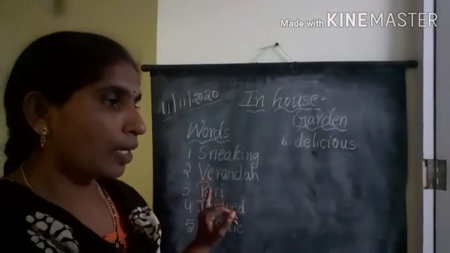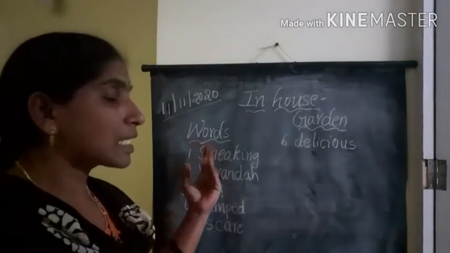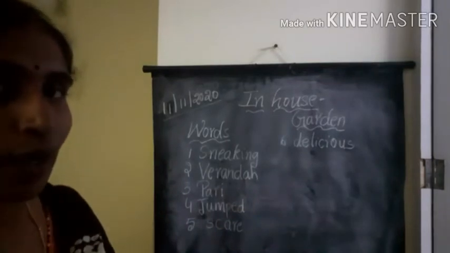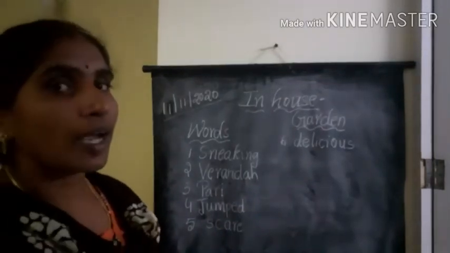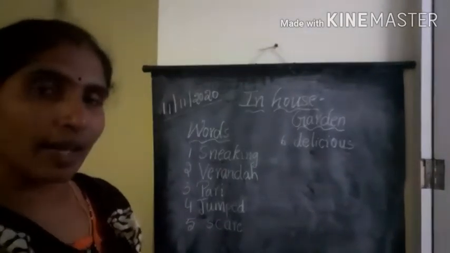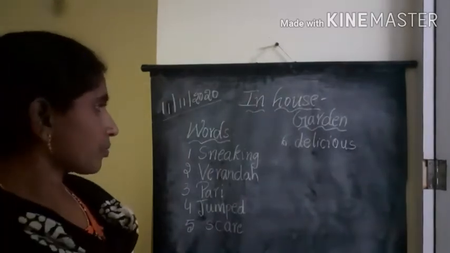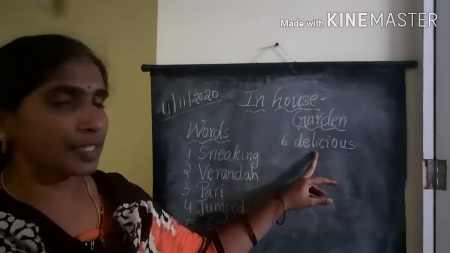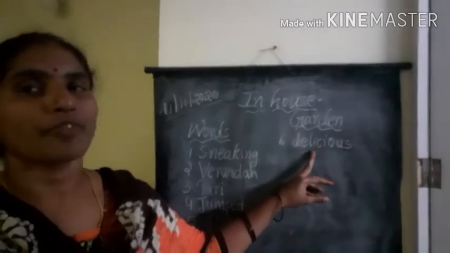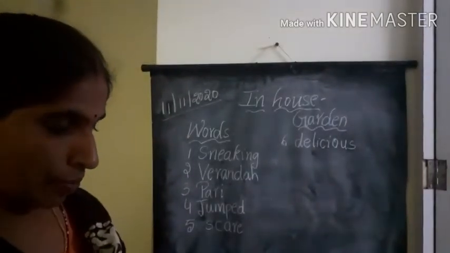Yes, Pari woke up and she was sneaking and walking through the veranda, jumping on the small plants and making the sound of bow wow in order to scare grandma. Where did the delicious smell come from? Yes, the delicious smell came from the kitchen.